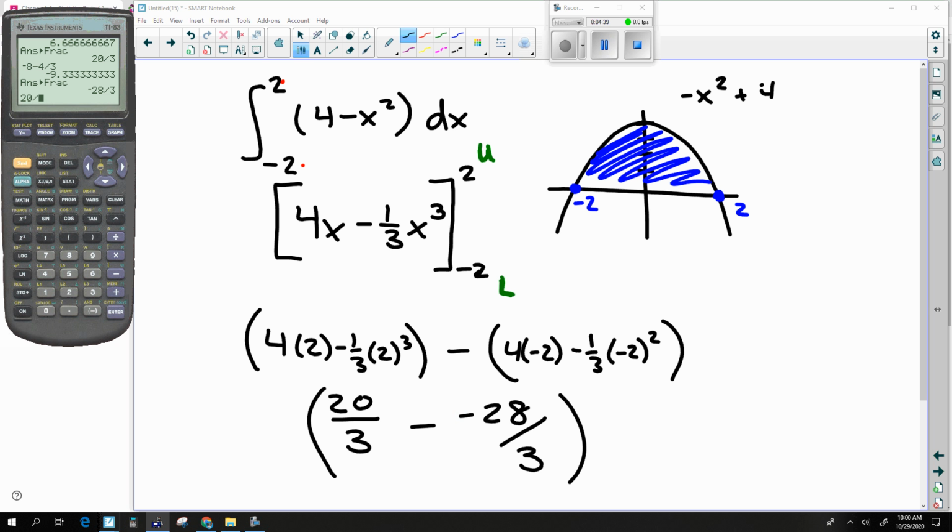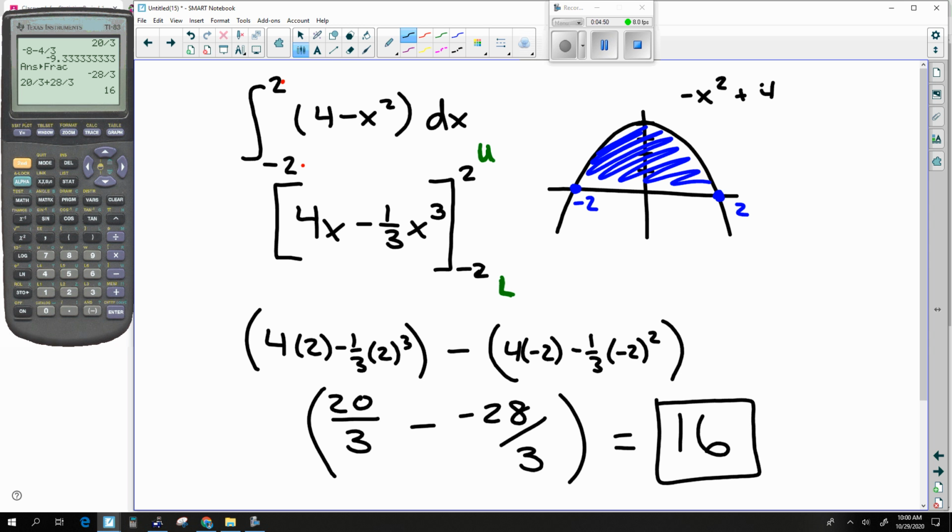So this is 20/3 plus 28/3. So the area of that blue region is straight up 16.